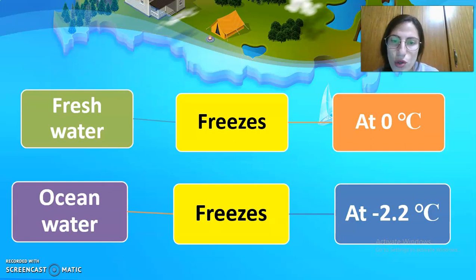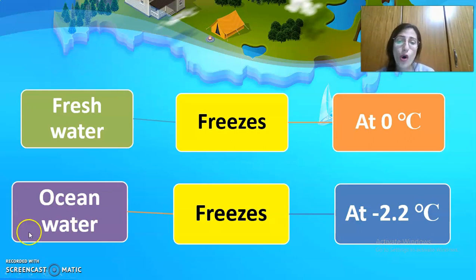What about ocean water? Ocean water freezes at minus 2.2 degrees Celsius, and these are patterns.